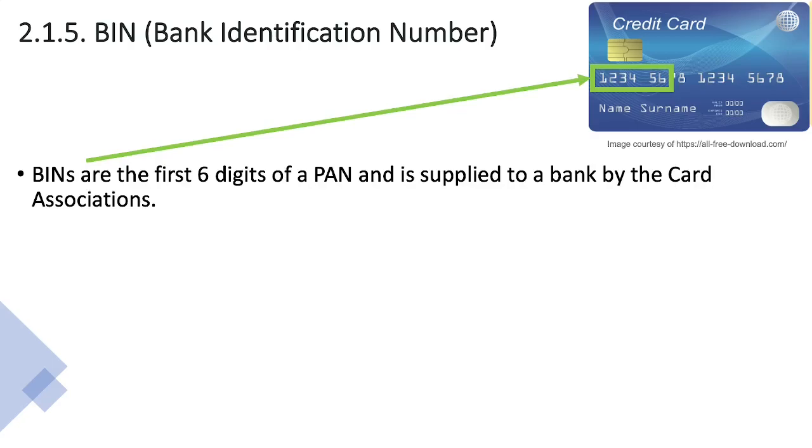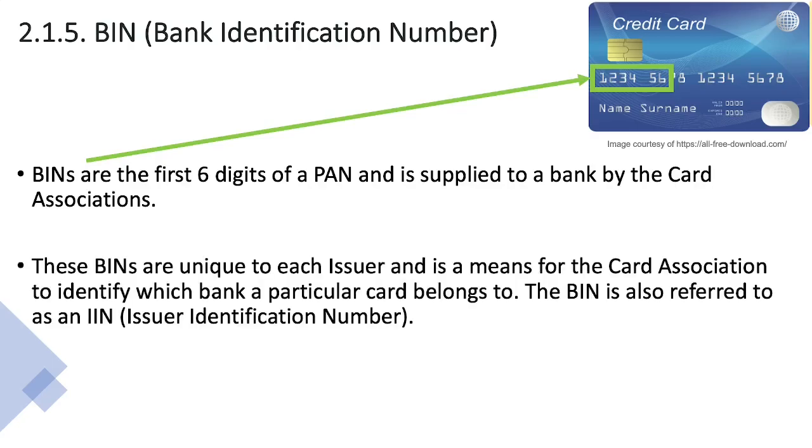Okay, and so the process is that, let's use an example, right? I work for Bank ABC, and Bank ABC wants to go to market with a platinum card product. And so we approach a card scheme. Let's use Visa in this example. And we basically register and purchase a BIN range from Visa.